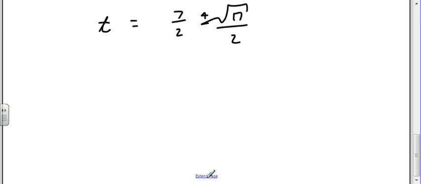All right, so 7 over 2 plus the square root of 17 divided by 2. So I got 5.56.